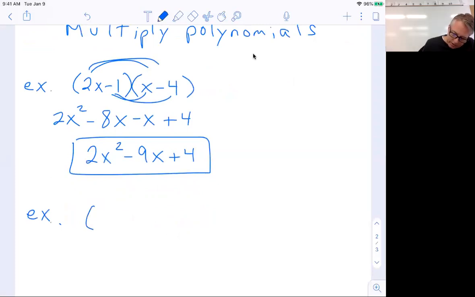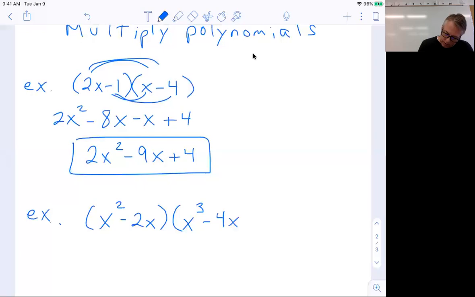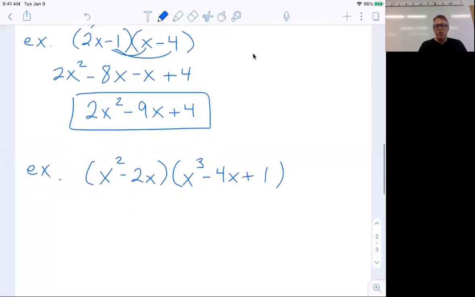Let's say we had a binomial of x squared minus 2x, and we want to multiply that by a trinomial. How about x to the third minus 4x plus 1? So we're going to be using the same method, kind of our foiling method.